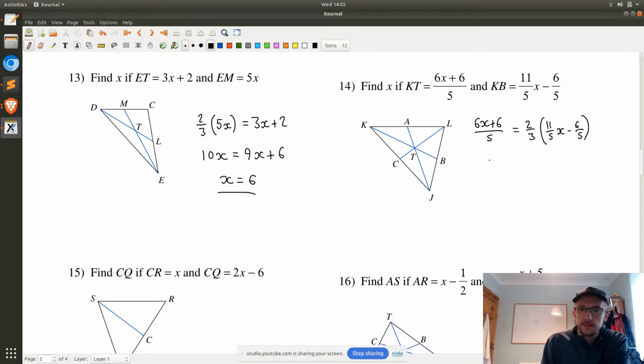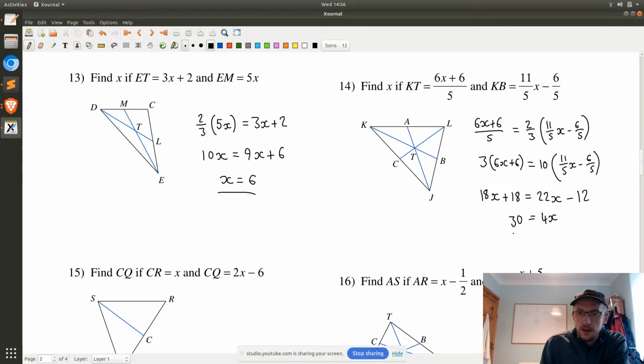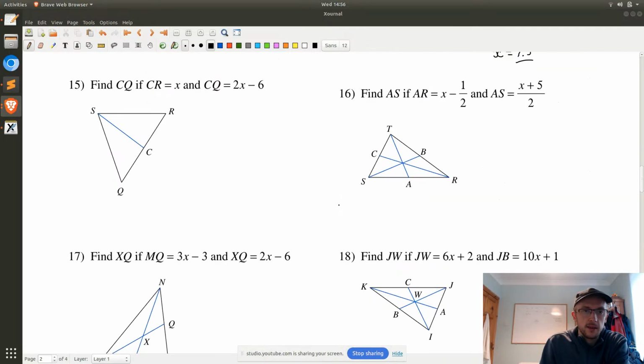So now times across. And we get 4x on the right and 30 on the left, and x is equal to 7.5, I believe. And that's correct. Next.